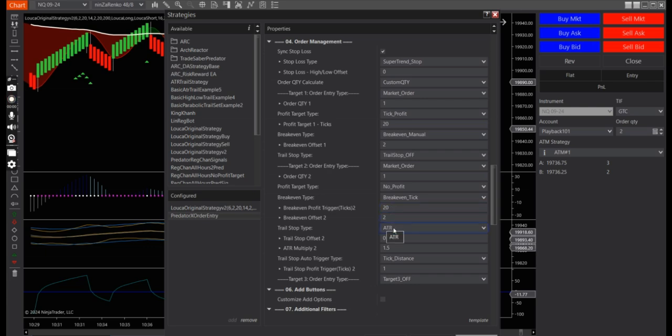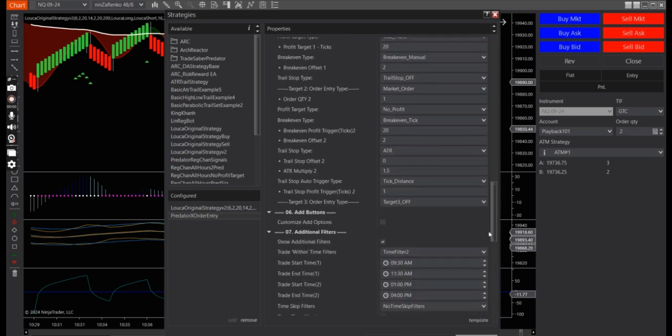And then the trail is based off the ATR with an ATR multiplier of 1.5, and it will start trailing after reaching 20. It will start trailing after every tick.